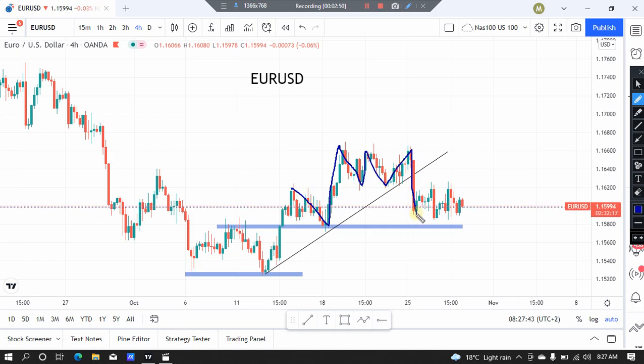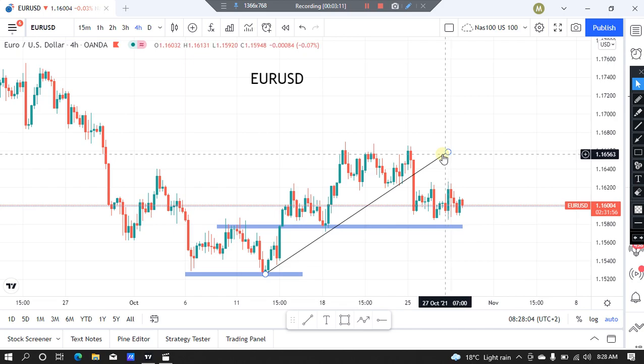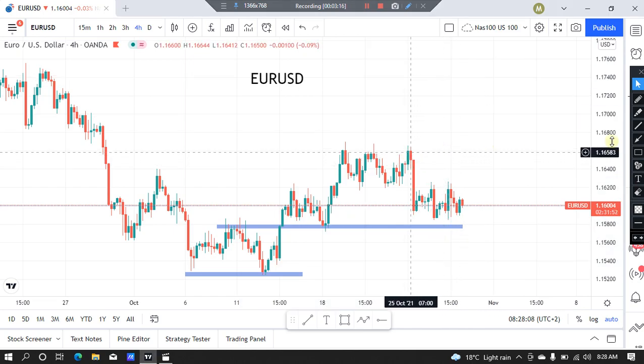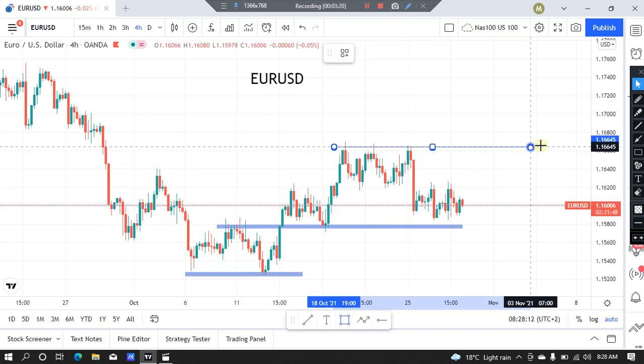Since the market just respected this area once, this is the first one. Then here we have an area, and the market was respecting this area. So it means the market was not really on a bullish momentum. The market was just creating some crazy moves, which I can just call a ranging market.